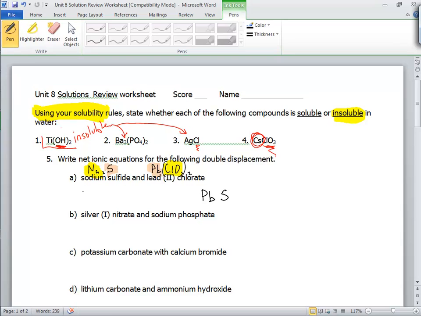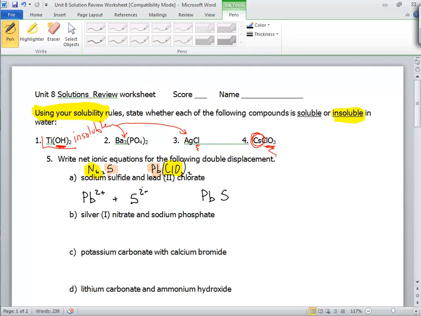So we're going to show that part of the reaction just by showing the ions that make up the lead sulfide. The lead that came from the lead chlorate and the sulfide that came from the sodium sulfide.